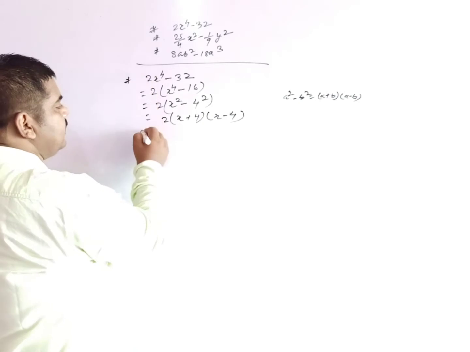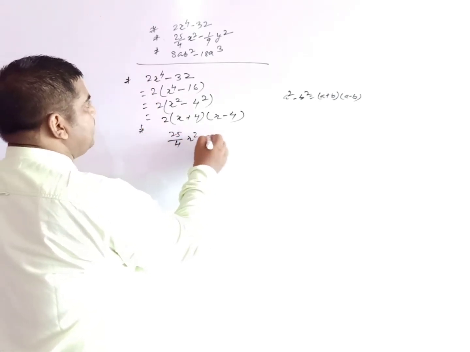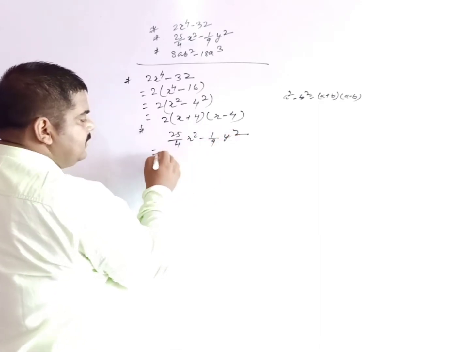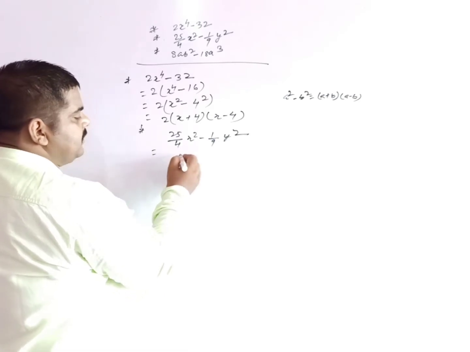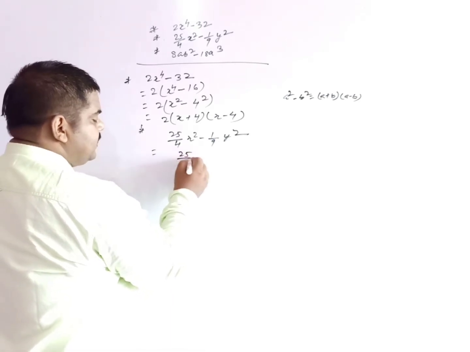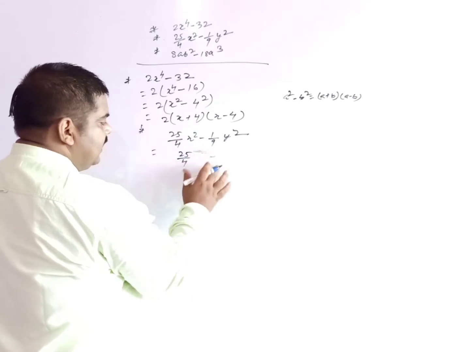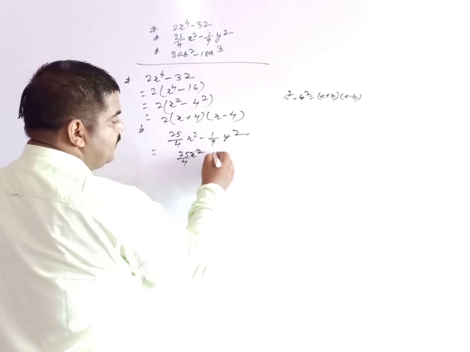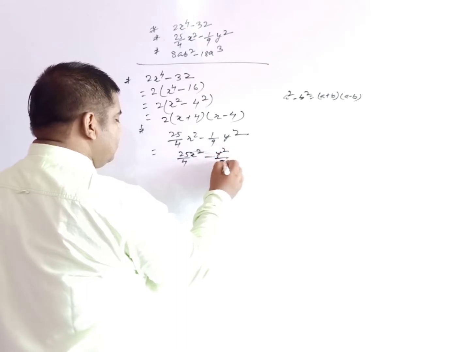The second one has been given: 25 upon 4x square minus 1 upon 9y square. And you know very well that if you try to convert them, generally some students can write it this way: 25 upon 4x square can be written as 25x square, and 1 upon 9y square can be written as y square upon 9.